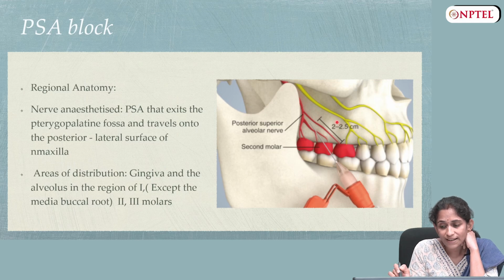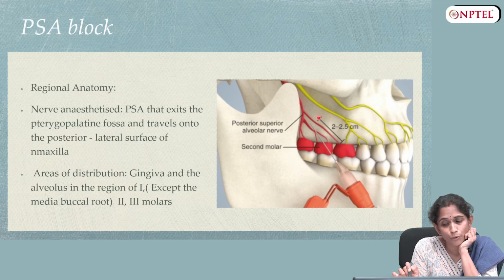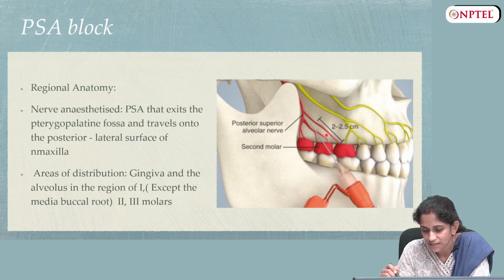The part that is outside the bone tends to supply the buccal gingiva or the three molar teeth, whereas the part that runs inside the bone forms the superior dental plexus, marked in red, and supplies the teeth through the root apices.